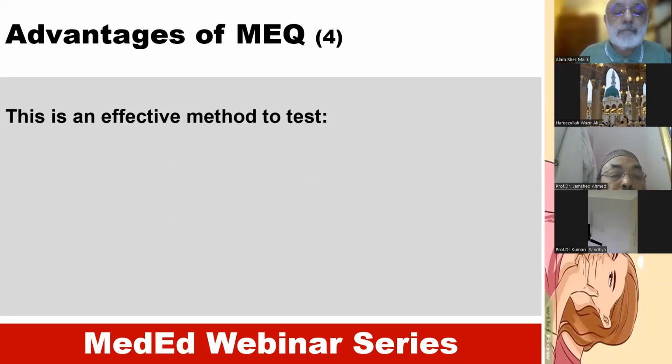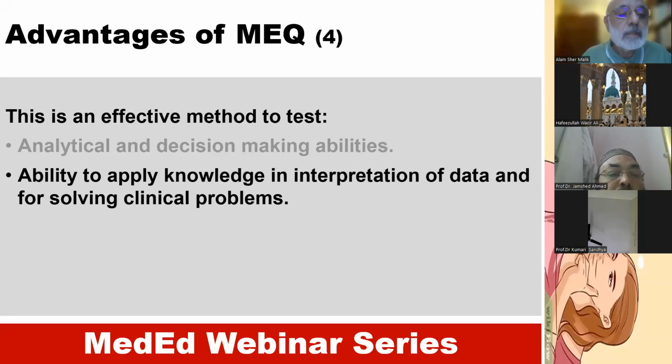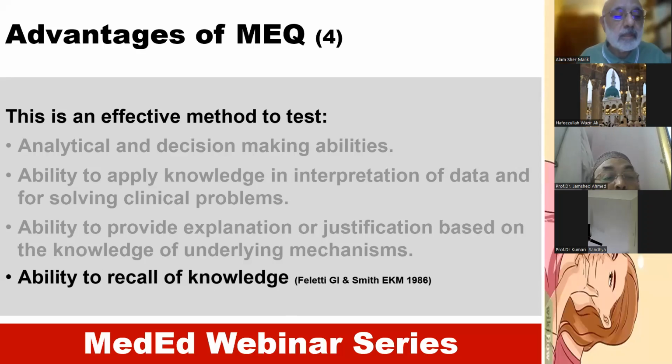This is an effective method to test analytical and decision-making abilities of the students, ability to apply knowledge in interpretation of data and for solving clinical problems, ability to provide explanation or justification based on the knowledge of underlying mechanisms like pathophysiology or pathogenesis, and ability to recall knowledge if we really want to do that in a modified essay question.